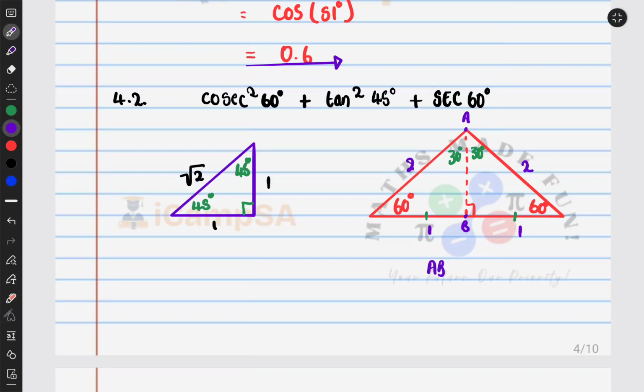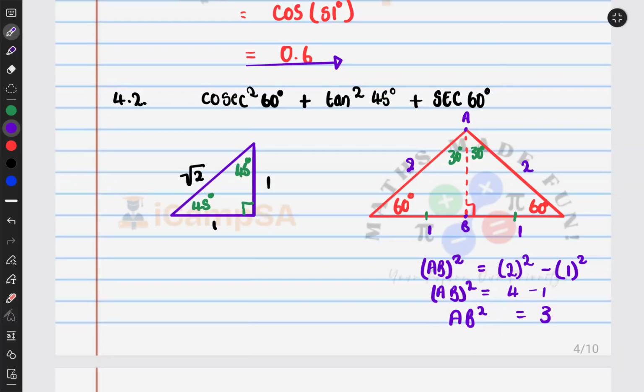AB squared is equal to, since it's not the hypotenuse, the hypotenuse, which is 2 squared, minus the other side, which is 1 squared. What is 2 squared? 2 squared is 4, minus 1 squared, which is 3. So AB squared is equal to 4 minus 1, which is 3.